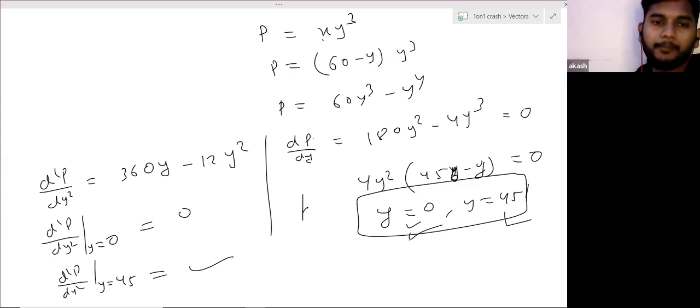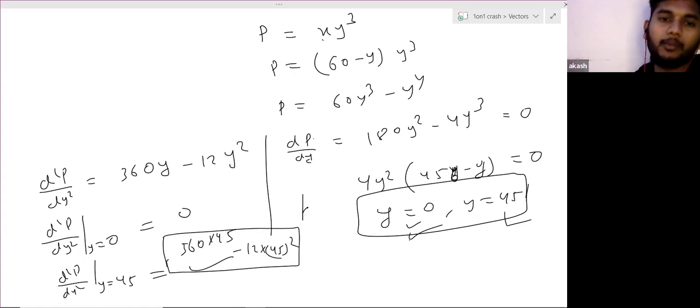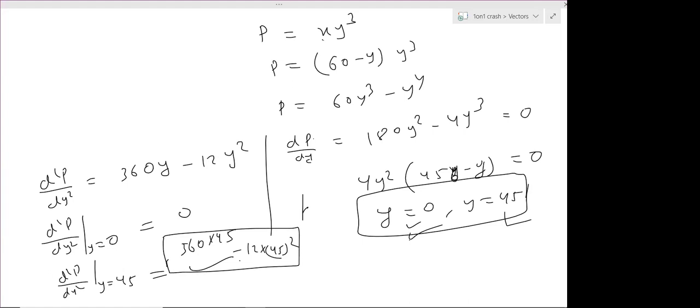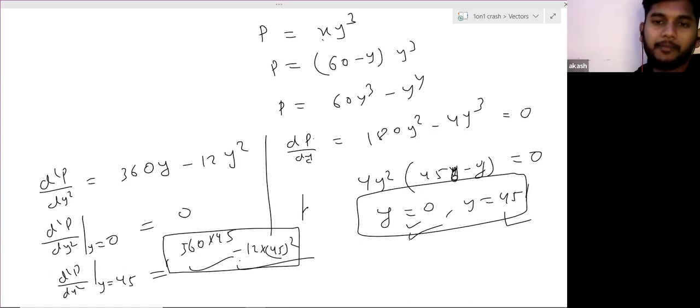Got it? We can see this thing is obviously negative. 45 square into 12, right? So because the double derivative is negative, we can say at y equals to 45, p is maxima.